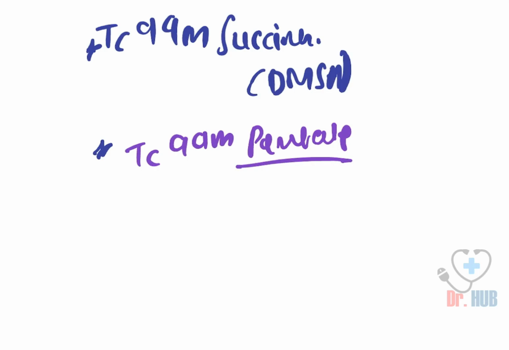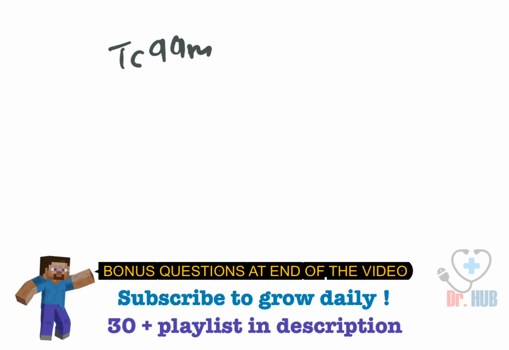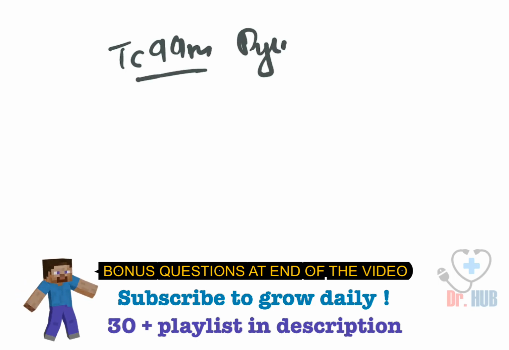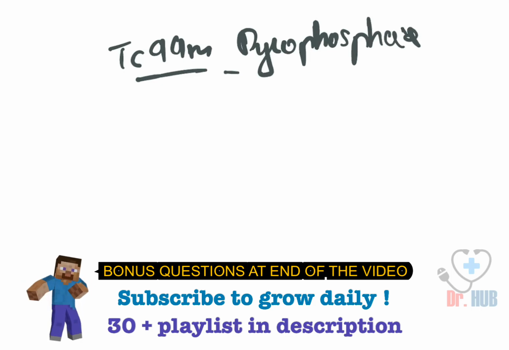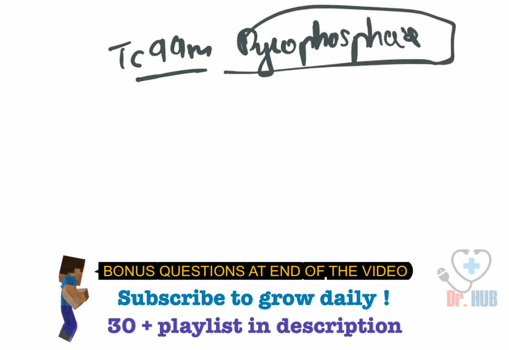Now a few questions to be answered in the comments. The first question is, what is the use of the TC99M pyrophosphate? All these answers may be found in the video as well.